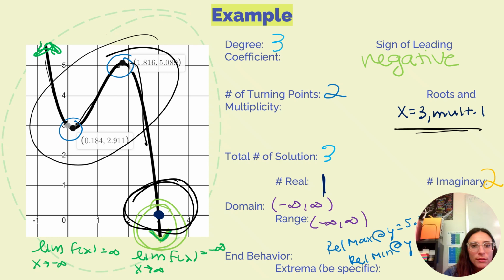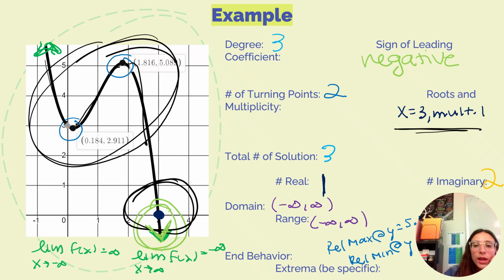This little divot right here tells me I have imaginary solutions. Imaginary solutions come in pairs, so that means I have 2. That makes sense because I should have a total of 3 solutions: 1 real, 2 imaginary. It is a negative leading coefficient because down here, it points down.